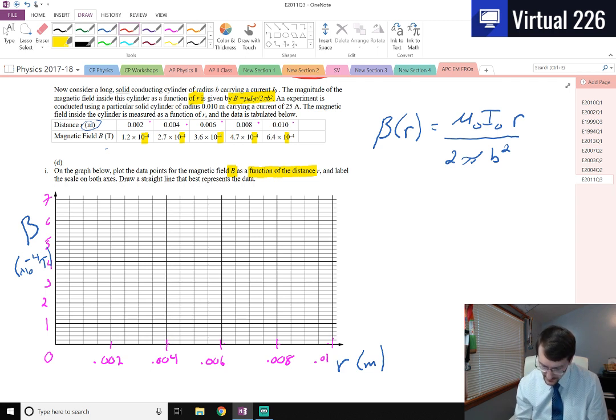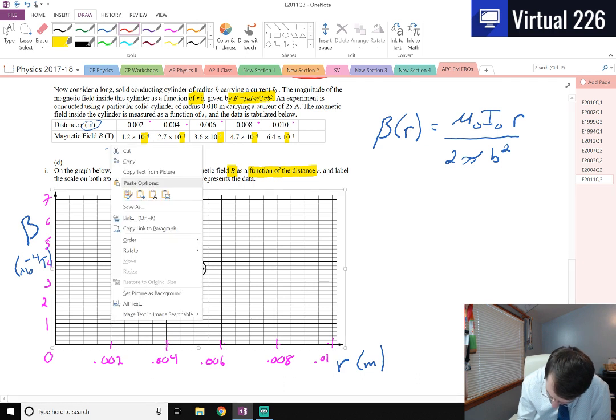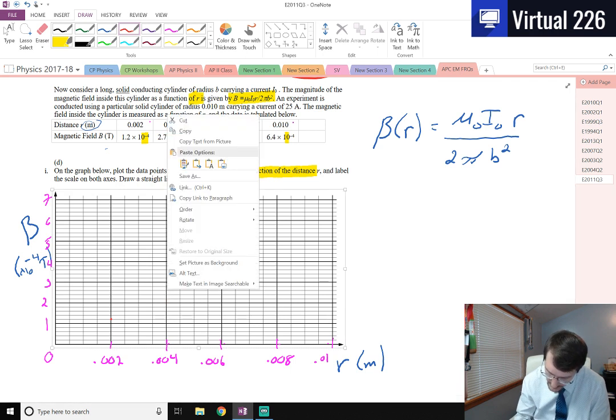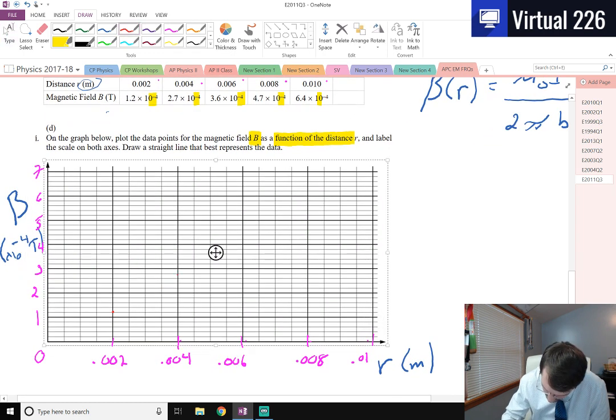So here we go. 0.002 is at 1.2. Let's see, 0.004 is at 2.7, so 2, 4, 6, 7, right about there. 2.7 should be about there.